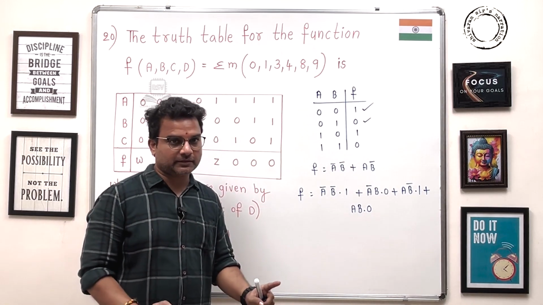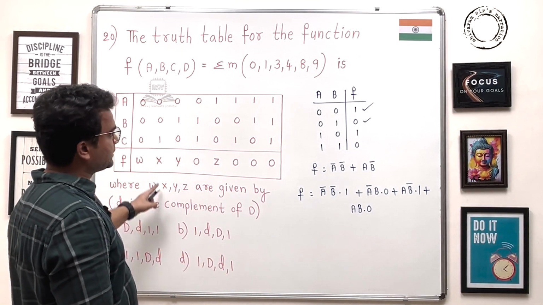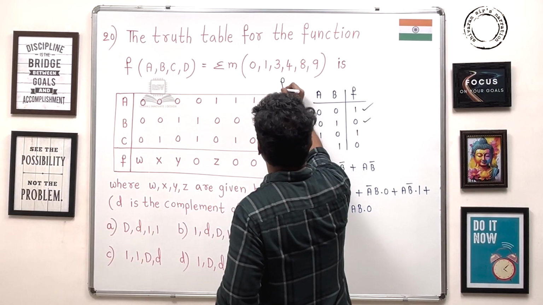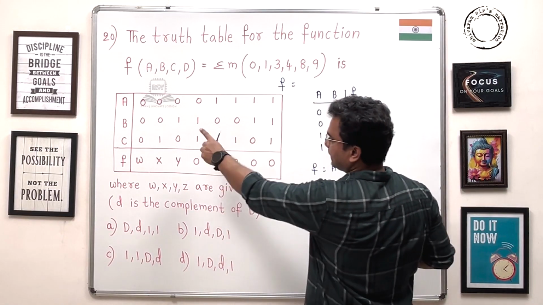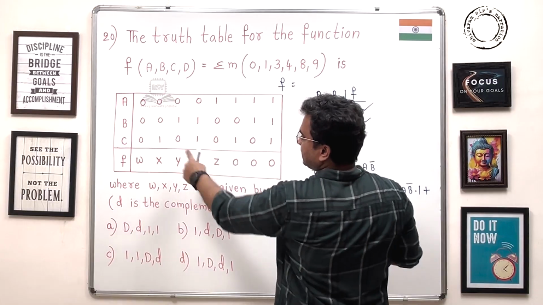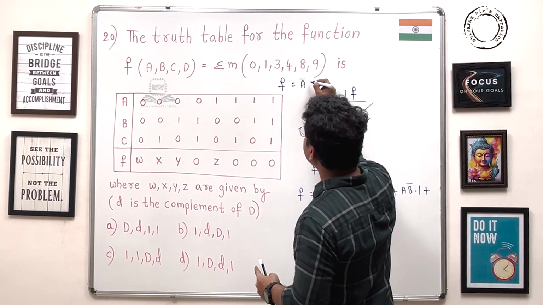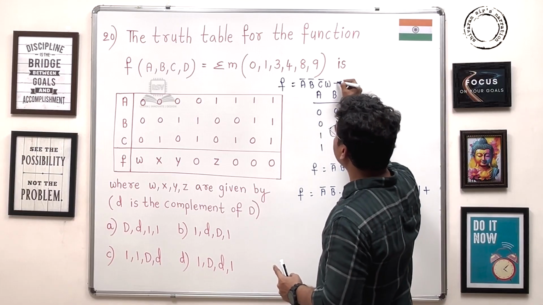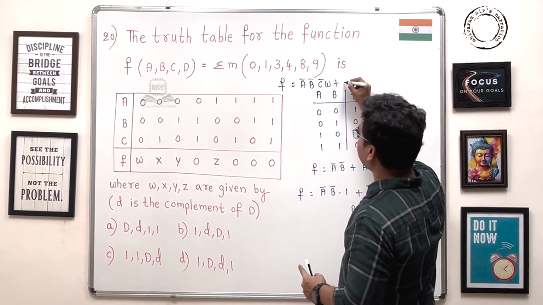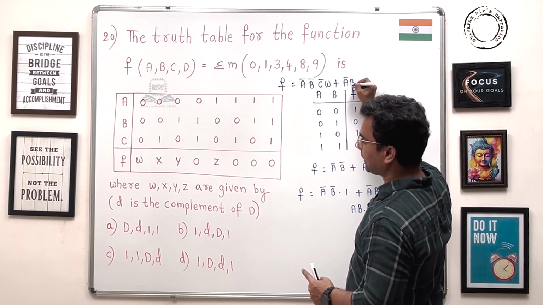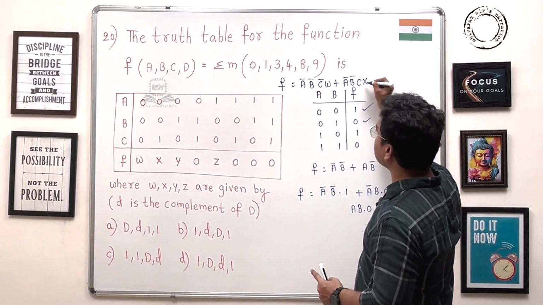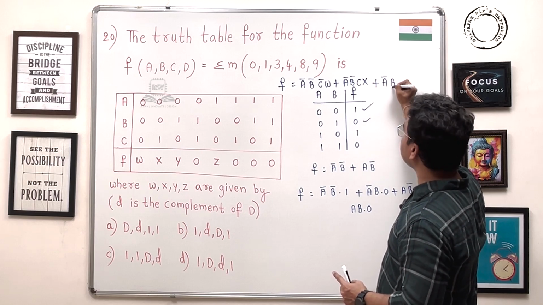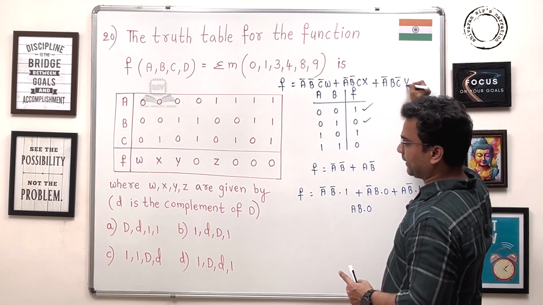As per this, here if you take the expression, that is f is equal to, guys, 0 0 0 means a bar b bar c bar w plus a bar b bar c x plus a bar b c bar y.